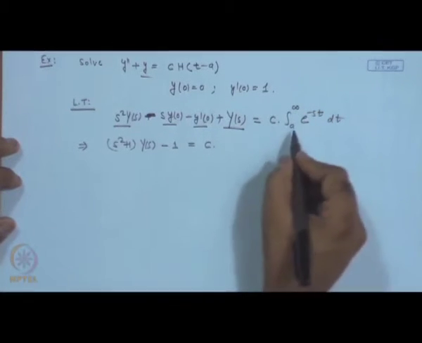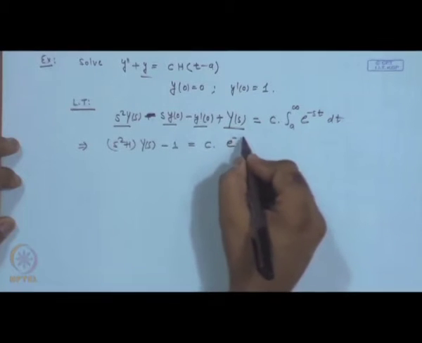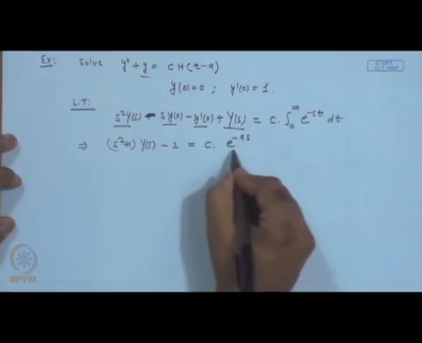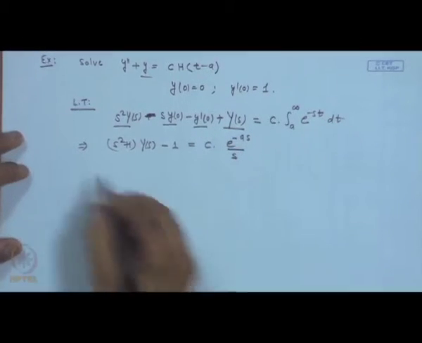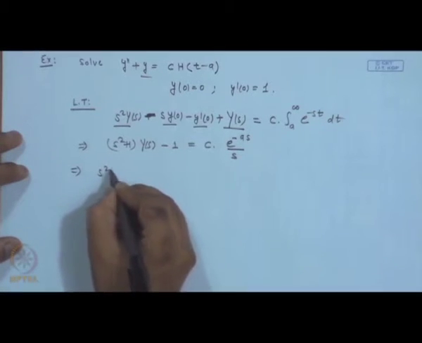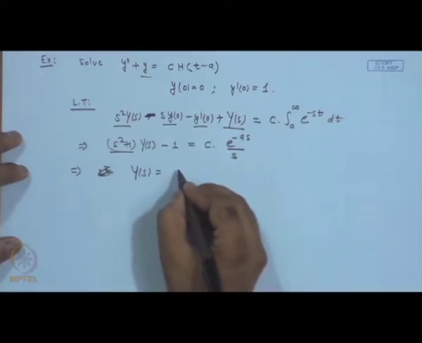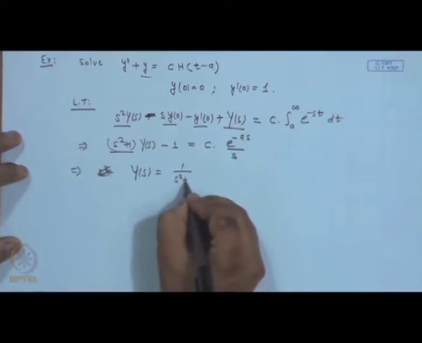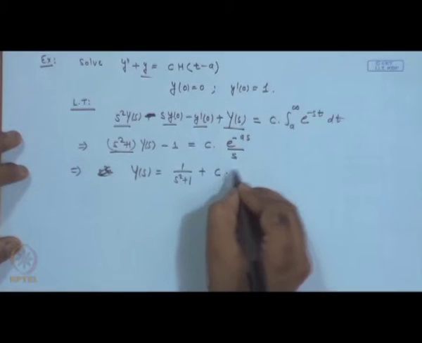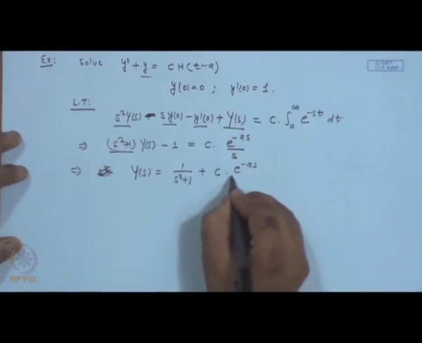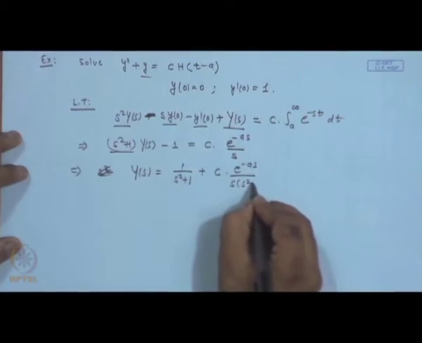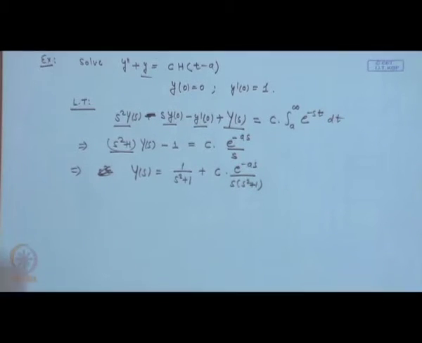So, we have e power minus a s over s. We can take this to the right hand side. So, we have Y(s) is equal to 1 over s square plus 1 plus a constant c times e power minus a s over s times s square plus 1.